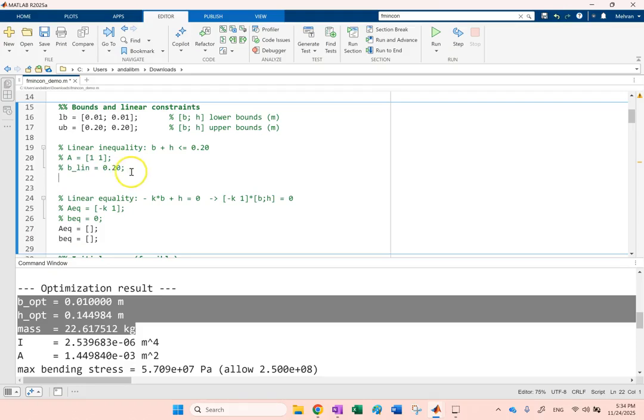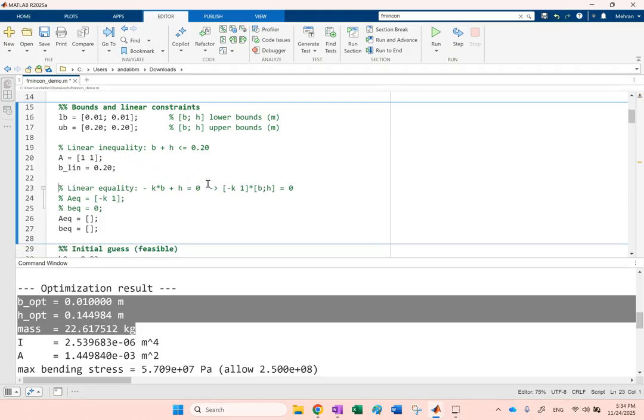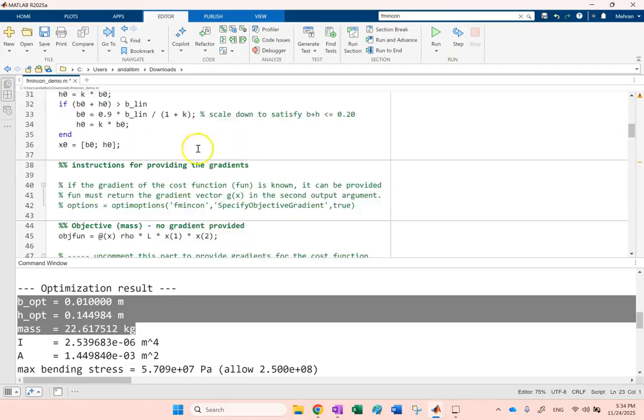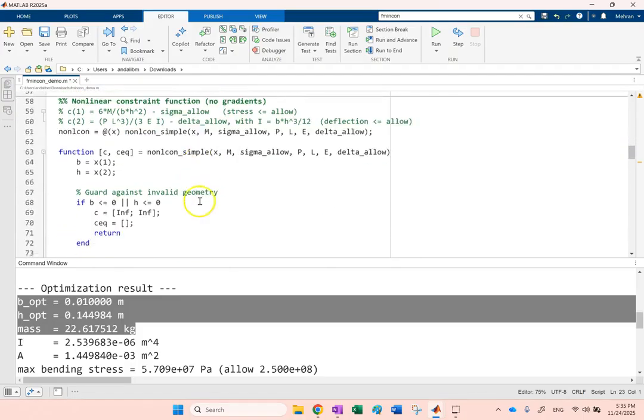But clearly, by adding more constraints, the solution has a very limited region to move, so you might not get some very, very small mass because you have a very small region for the parameters to move within.